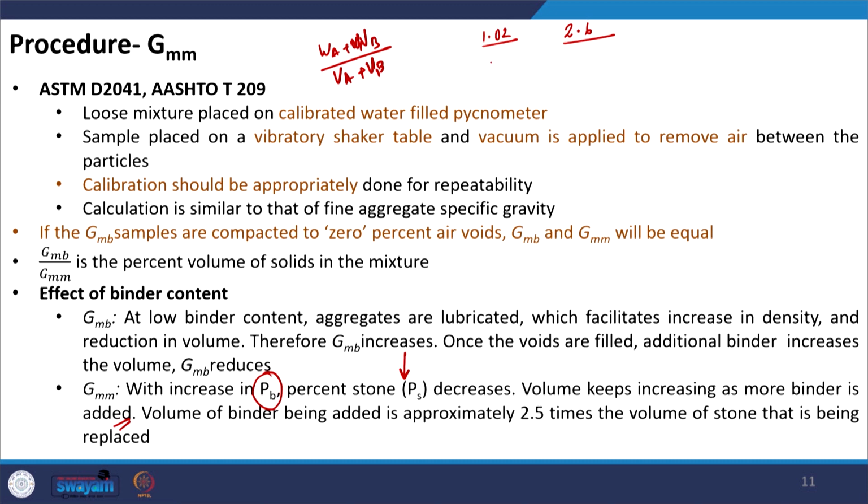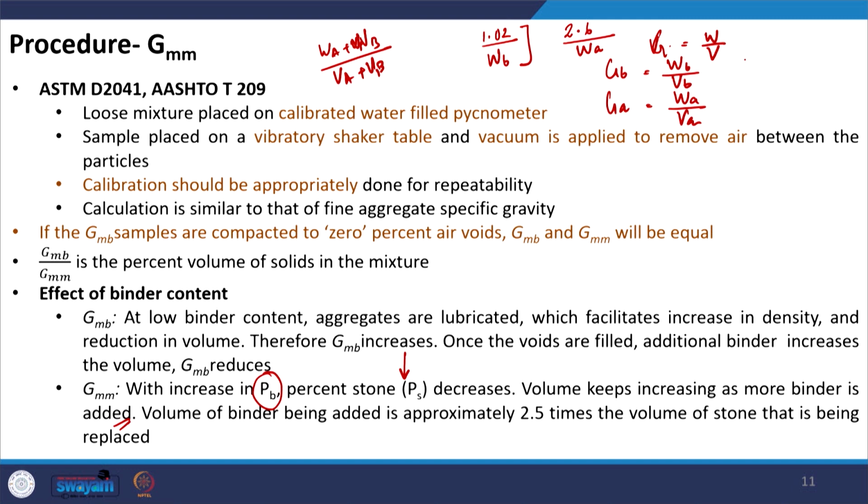For same weight of aggregate and bitumen, if the weights are same, this volume, because if I say that G is equal to weight by volume, so GB is equal to WB by VB, and GA which is aggregate is WA by VA, alright.